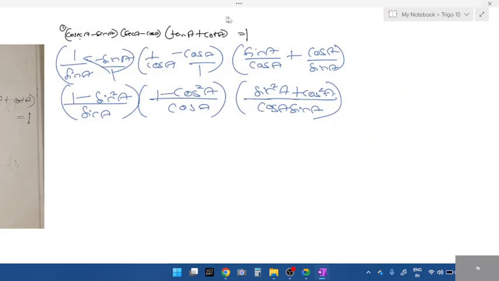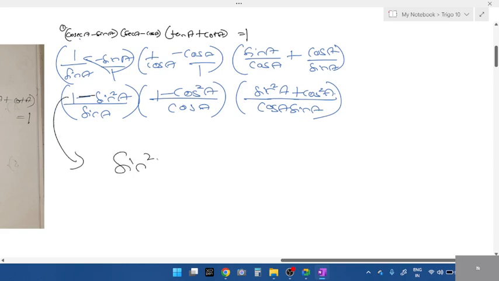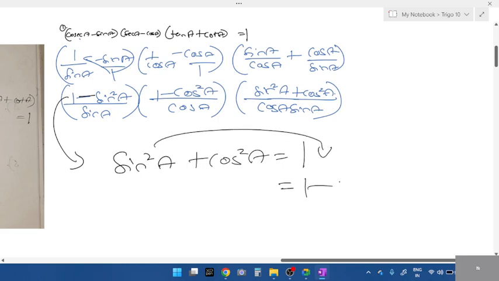Yes, I need Anya and Amy to answer. 1 minus sin square A is given, students. When sin square A is given, what's the relation? Sin square A plus cos square A is equal to 1. If I need 1 minus sin square A, I have to shift it to the other side. So what is 1 minus sin square A?